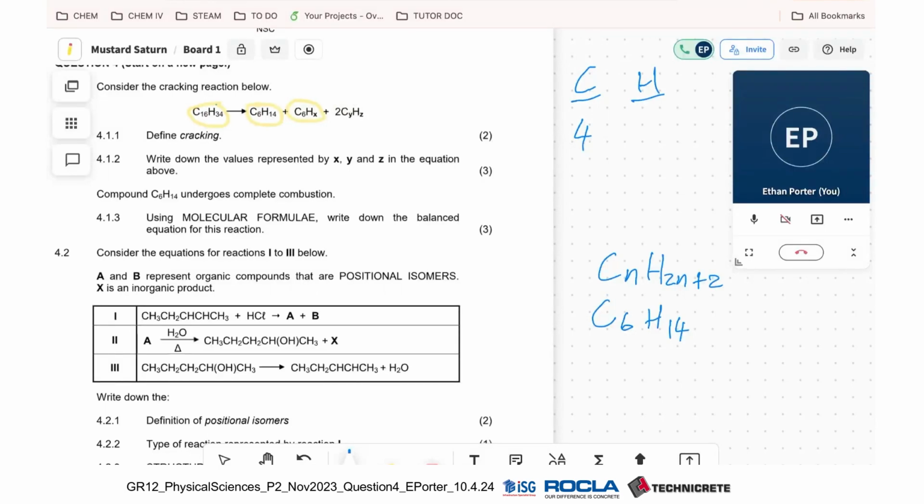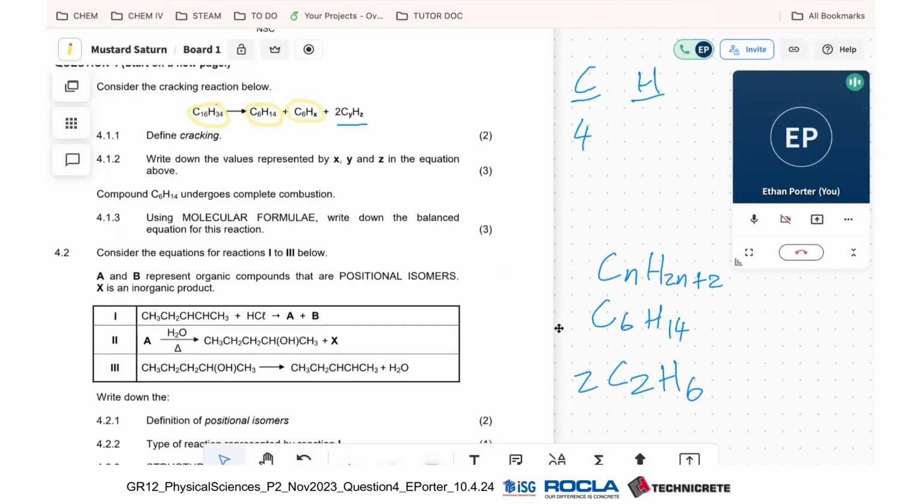So we have 2C, probably 2 to make 4, H6, if we assume it's an alkane as well. So let's do the math. We have H14 plus 14, that's 28, plus 12, that gives us 40 hydrogens, which is wrong because we only have 34 in the starting molecule.